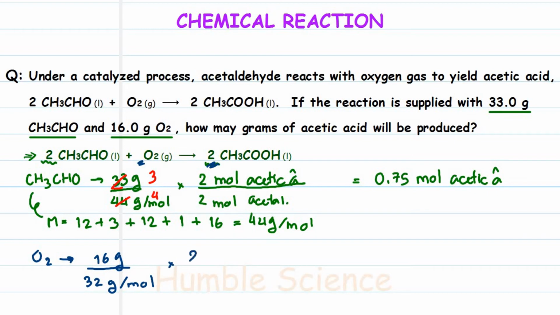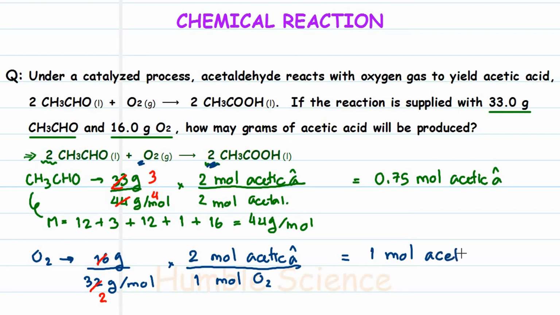That means 2 moles of acetic acid per 1 mole of oxygen gas. That's gonna be 1 half times 2, and that is going to be 1 mole of acetic acid. So if we use up oxygen gas 16 grams, it will give us 1 mole of acetic acid.